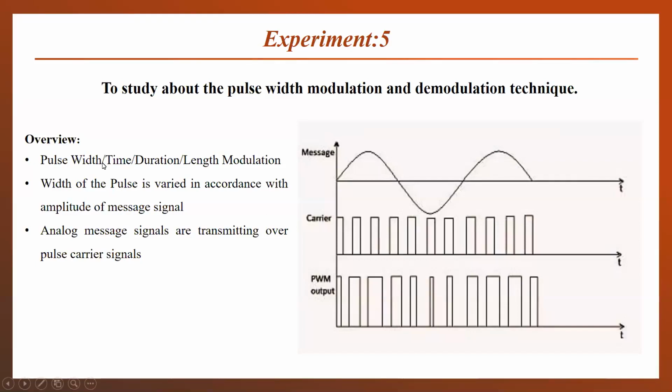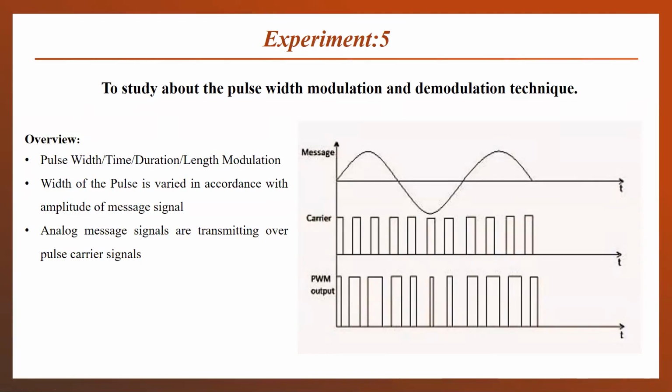I have explained in the previous lab that according to the characteristic variations of the pulses, we can modulate our pulses in 3 ways: either through amplitude, through time duration, or through starting position of the pulses. Today we will learn about the pulse width modulation and demodulation techniques using a trainer board.